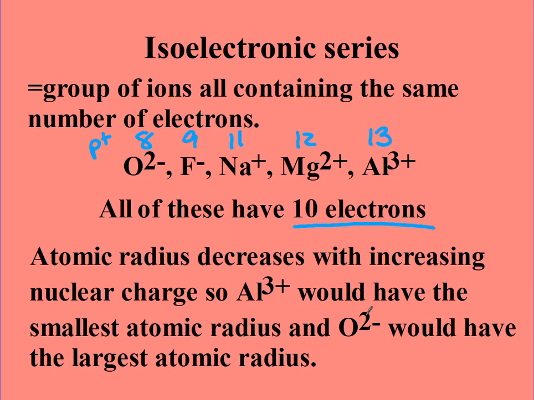Because aluminum has more protons, it would have the smallest atomic radius. Because more protons has a greater attraction for the electrons, making the overall size smaller. While oxygen has the least amount of protons, so it doesn't have a very effective nuclear charge, and so it would be the largest radius.